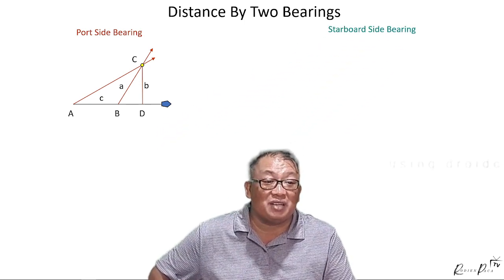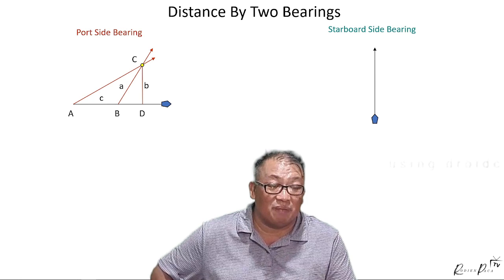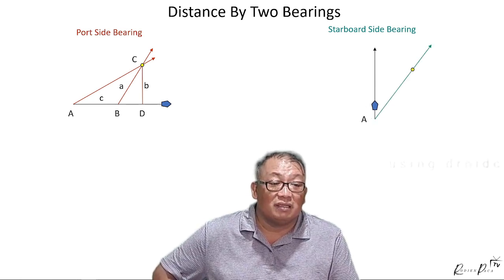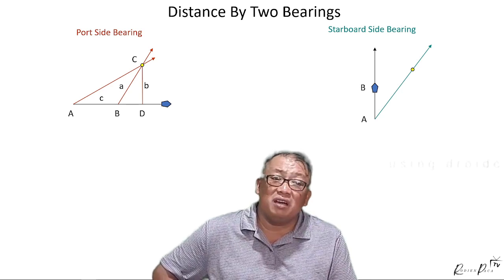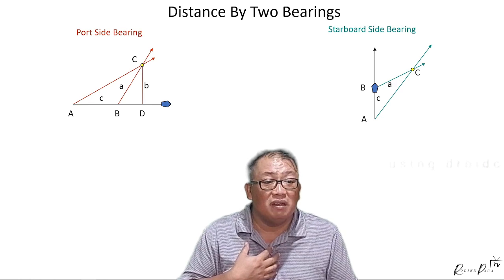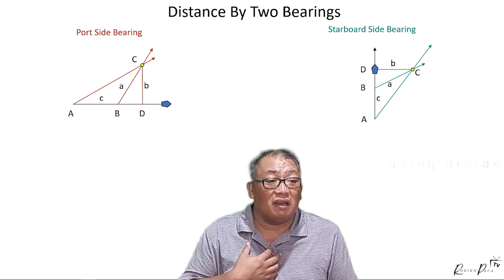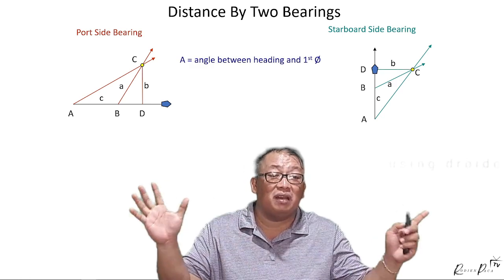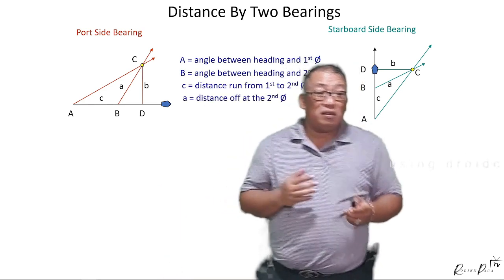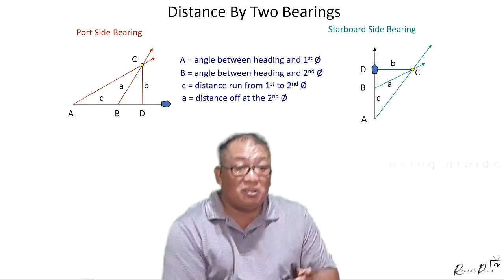Then the starboard side bearing, which is very simple. The ship is here, starts at first bearing, the ship runs here, second bearing, the ship runs abeam, and it's here. Then we have all the names. At school, our teachers made a definition.